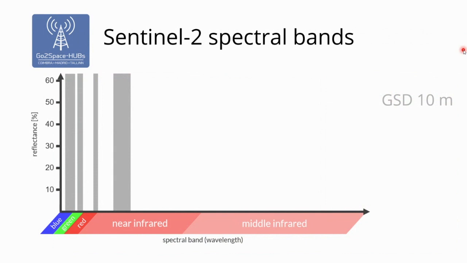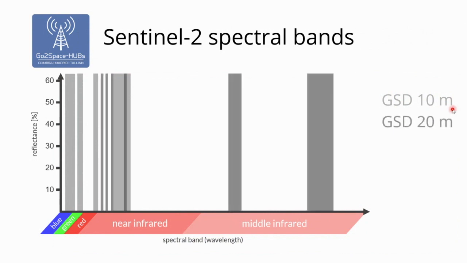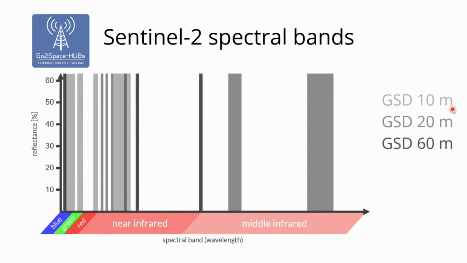So Sentinel-2 spectral bands are in different modes. Let's say one mode is GSD, pixel size 10 meters, but there are also 6 bands of 20 meters pixel size. And 3 additional 60-meter bands. They are not actually to get information on the objects, but rather for corrections, like atmospheric corrections.